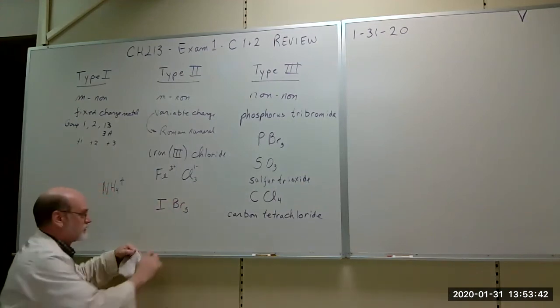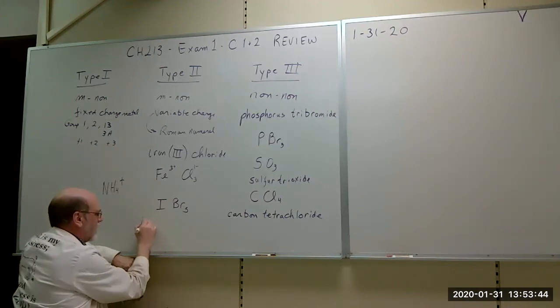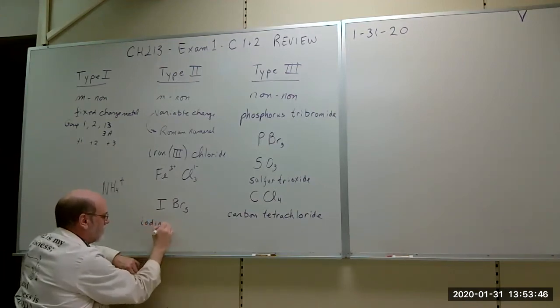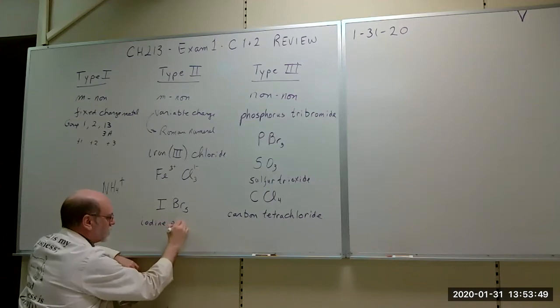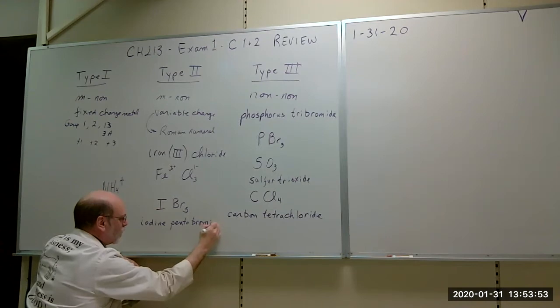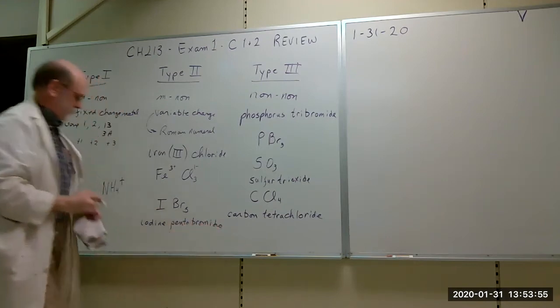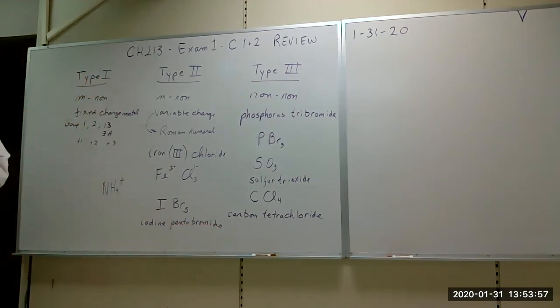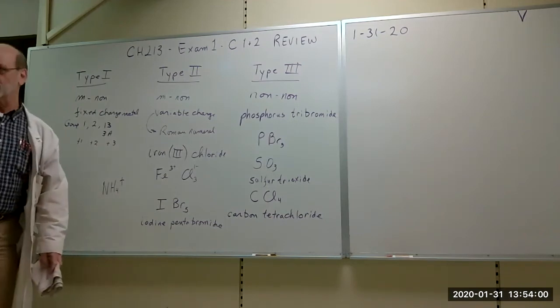Okay, so this would be what? Iodine penta bromide. Okay, so you need to know your prefixes, what they mean.